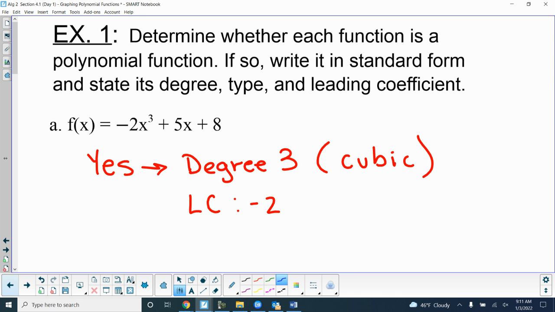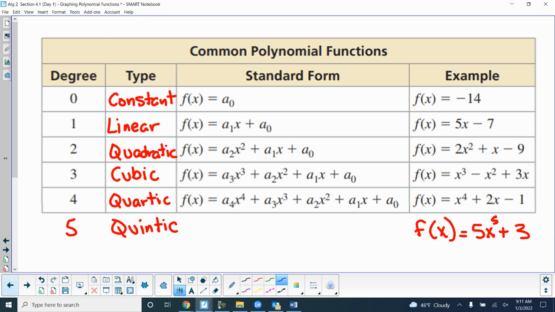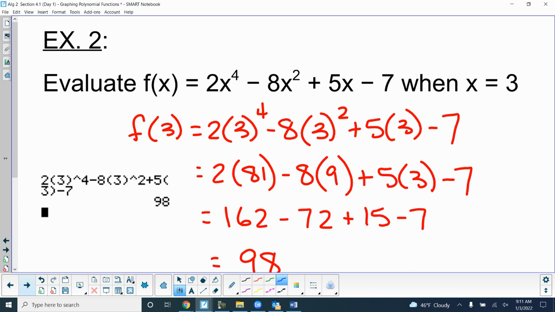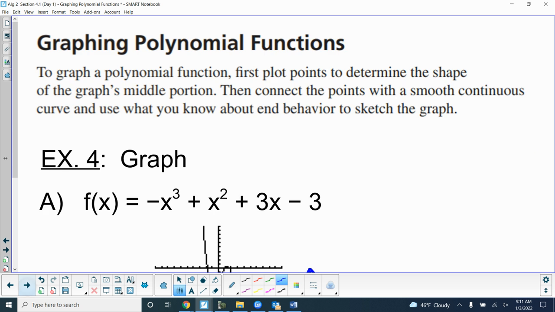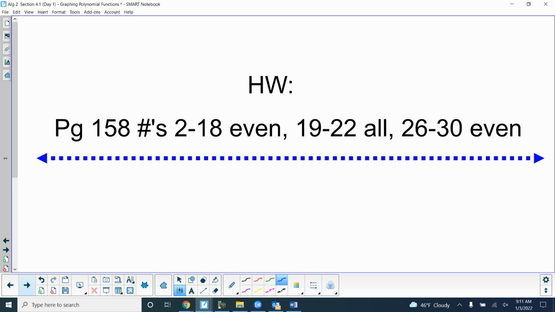And then just putting it in standard form, the right order, knowing the names: constant, linear, quadratic, cubic, quartic, quintic, on the first spot, 0 to 5, the first 6, I guess. Okay? Any questions? Good start to the second semester in the new year. Good job today.